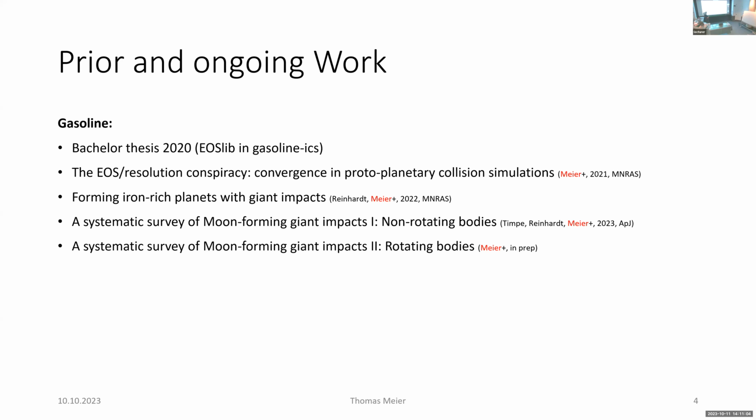So as I said, I first started working on that during my bachelor thesis in 2020, where I added this EOS lib, as it's called, this layer between the SPH code and the different equation of state codes. And then with that, we made a paper called the EOS Resolution Conspiracy, Convergence in Protoplanetary Collision Simulations. And based on what we learned there, we then studied iron-rich planets, the formation of iron-rich planets via giant impacts.